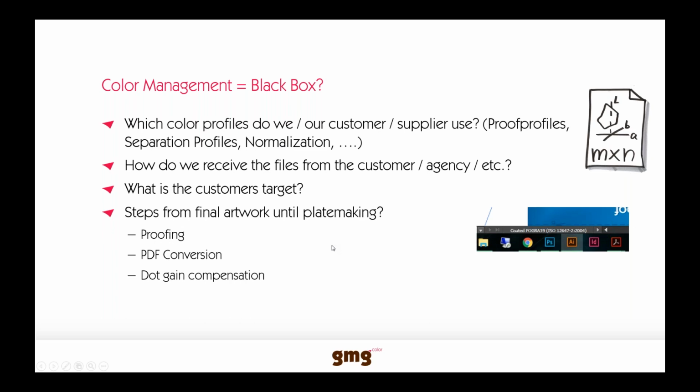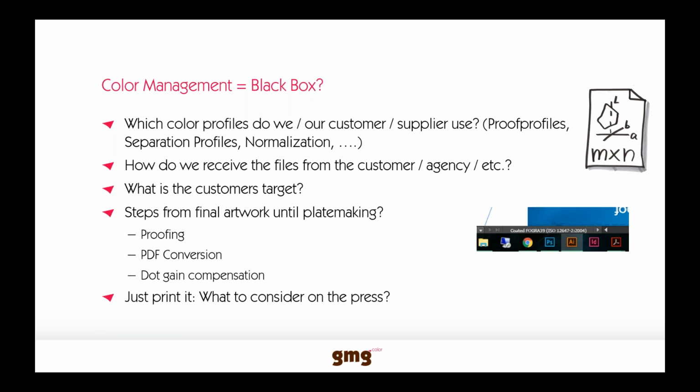Also, you have to know what the steps are from the final artwork until the plate making, the proofing, which system we have, which media, which materials we use, whether a PDF conversion is done on the files, and if yes, which one, or is it still manual? Do we have dot gain compensation, and at which point in the process? These are all important aspects you have to consider.